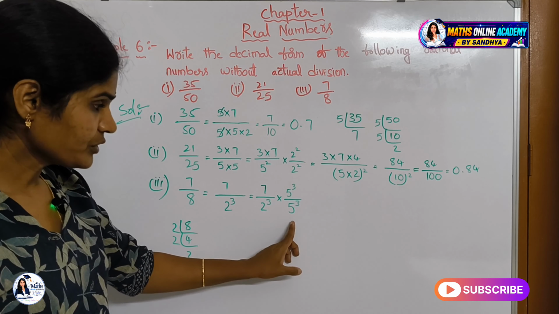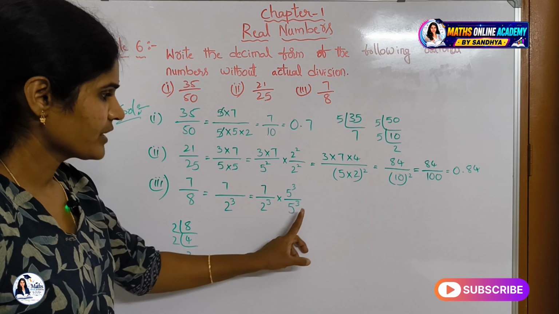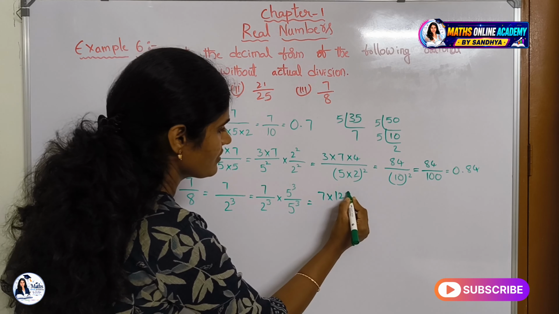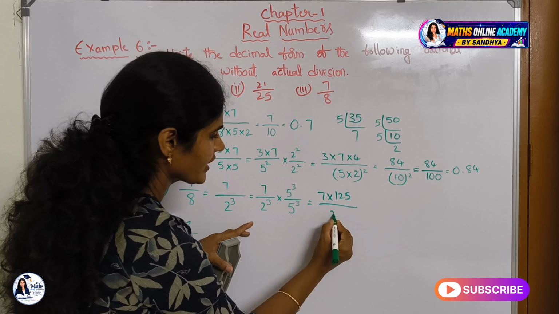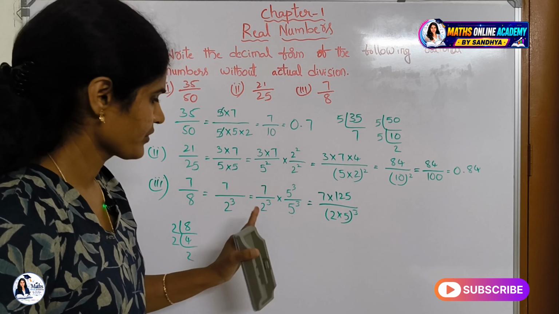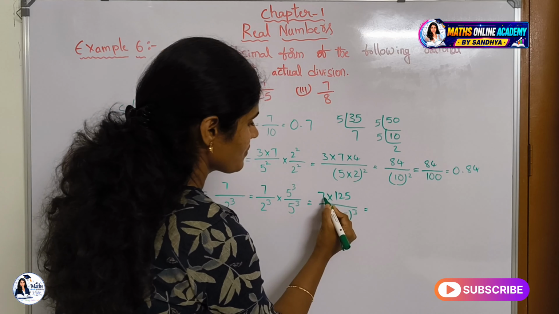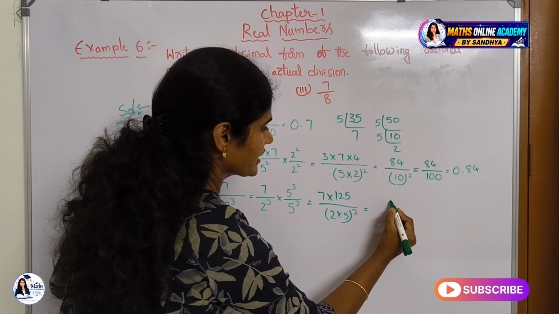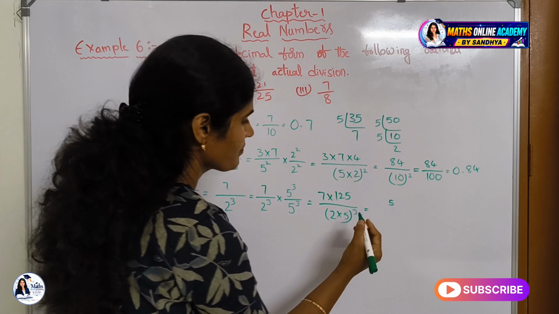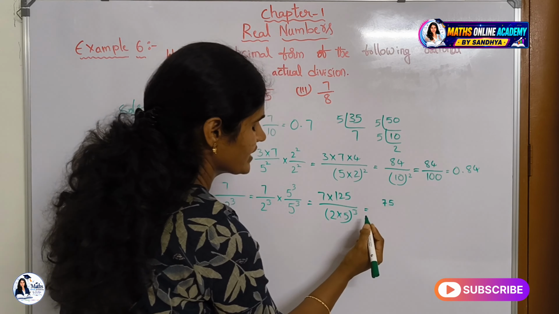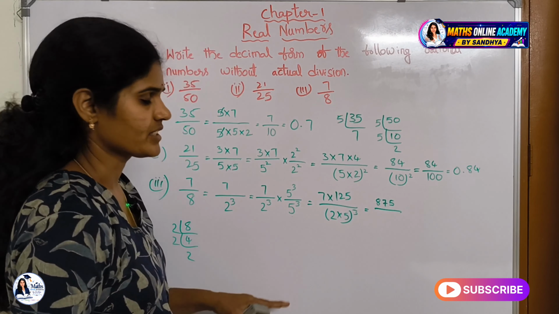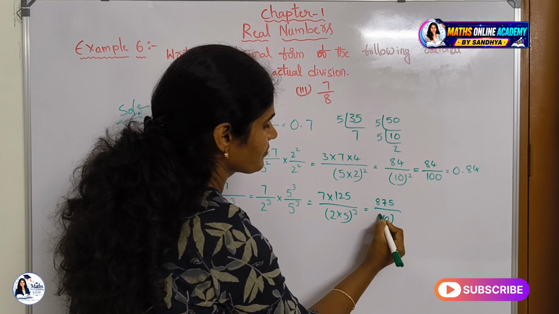If you use 5 cube, it will become 7 into 5 cube, that means 125. And for simplifying, you write 2 into 5 whole cube. It is easy to write the whole cube for both. So 7 into 125 is 875. Here total is 875. This is the 10.